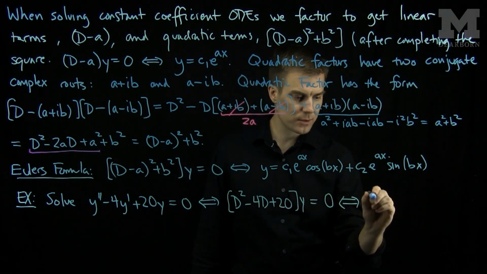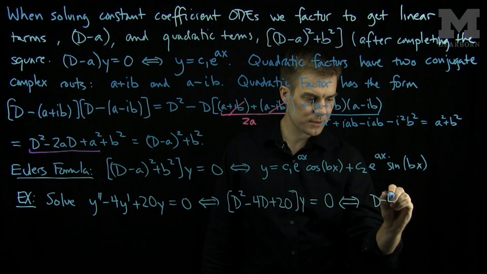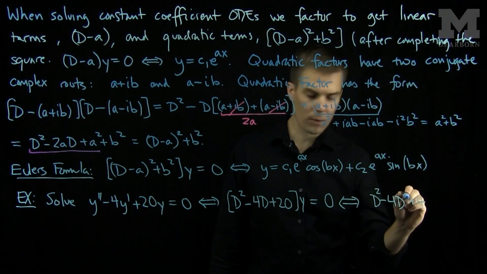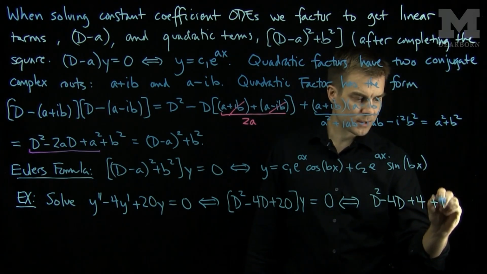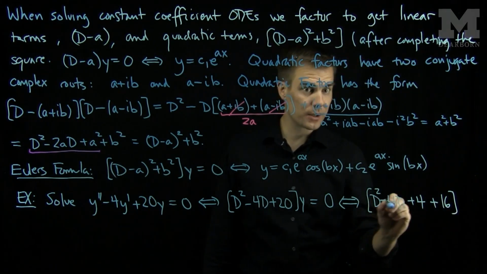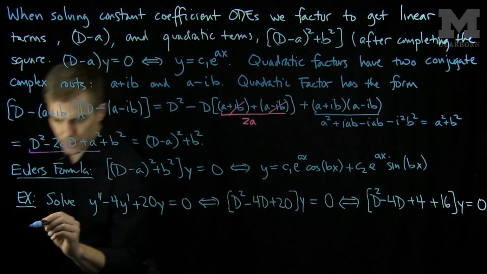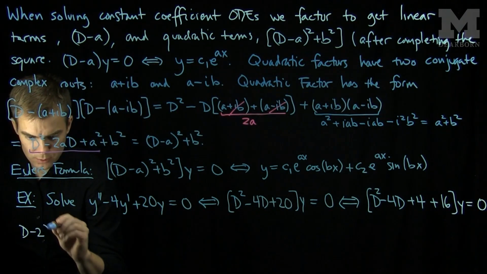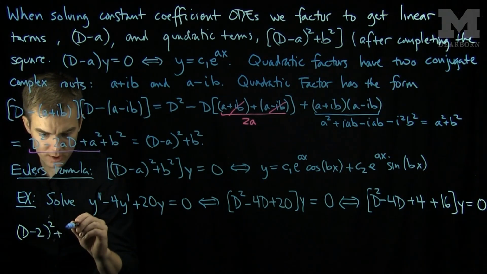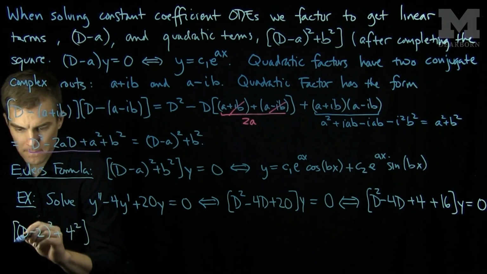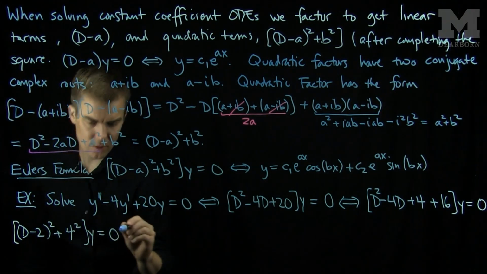This is equivalent to d squared minus 4d plus 4 plus 16, where I have completed the square, applied to y is 0. And this becomes d minus 2 squared plus 4 squared, applied to y is 0.